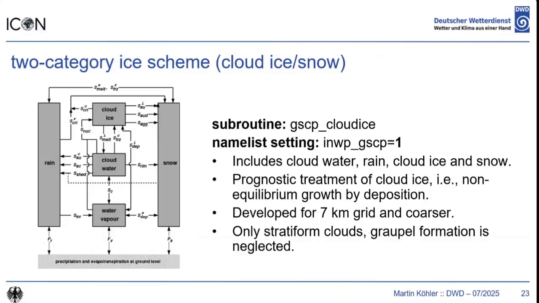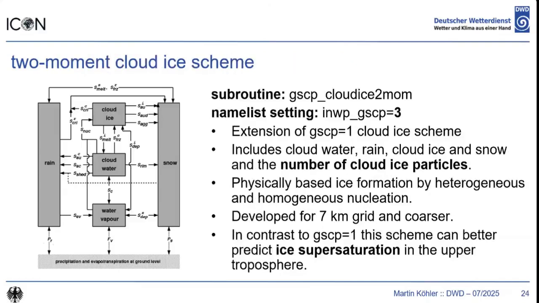You don't see hail and graupel, so it just has cloud ice and snow as the ice properties. It was developed for the larger-scale models, like, for example, our global NWP runs with that at 13 kilometer resolution and ensemble at 26 kilometer.